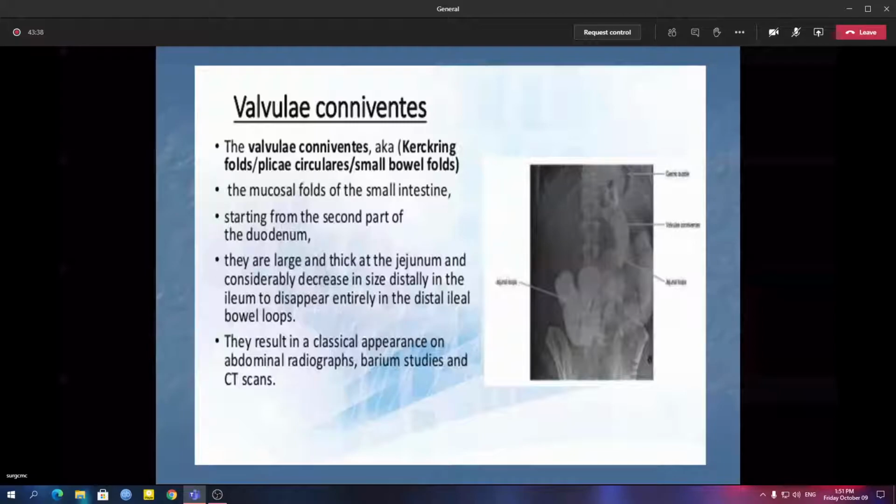Now common sense, when the jejunum is dilated, the ileum is not dilated. We cannot see the simple tube-like dilatation of ileum. The obstruction must be at the end of the jejunum before the ileum, common sense. So valvulae conniventes is classically seen in dilated jejunum, either in the jejunum or at the end of the jejunum if there is any obstruction.